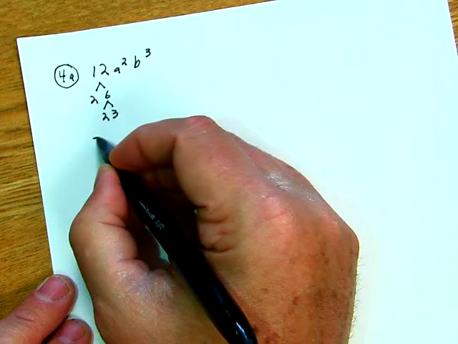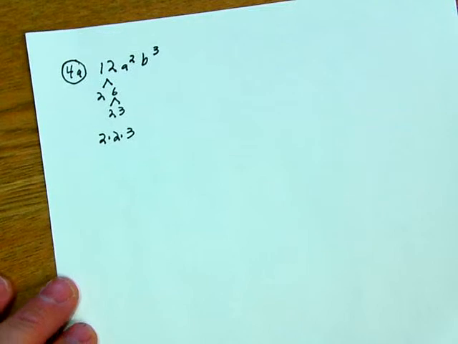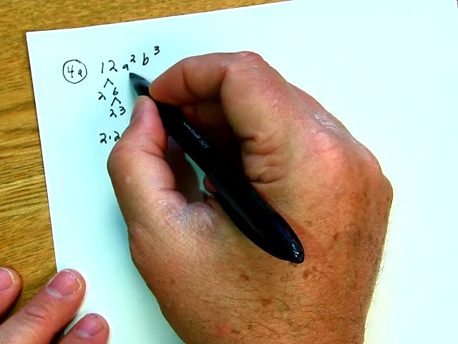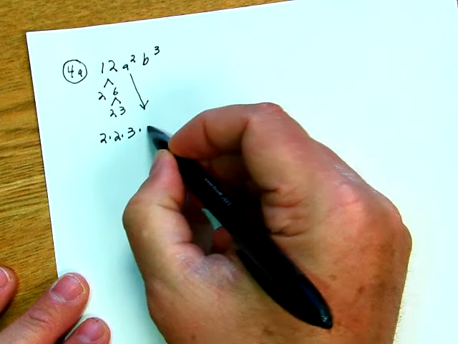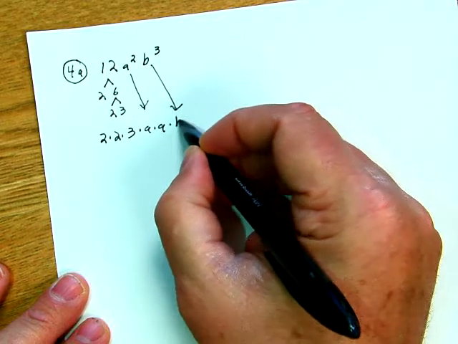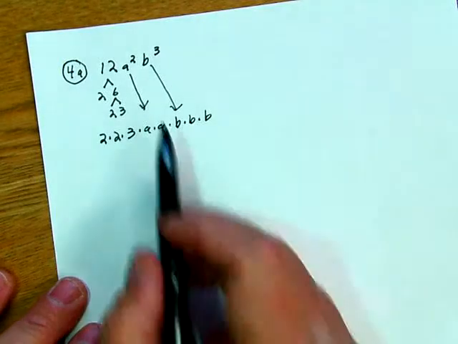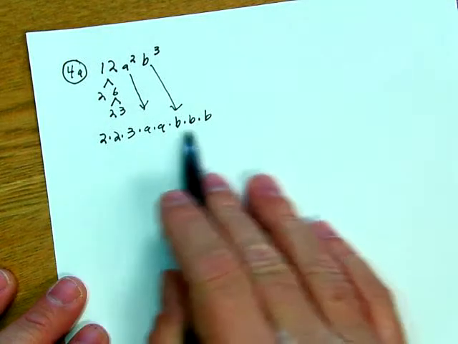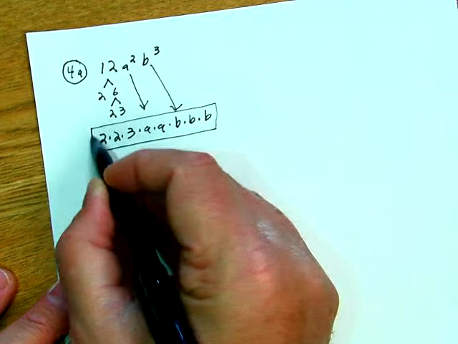So I know that 2 times 2 times 3 is going to give me 12. So there's the factored form of the number. Well, the variables are pretty simple. They just break right down to a times a and b times b times b. So you just multiply how many ever times their power is, and there is the factored form of that monomial.